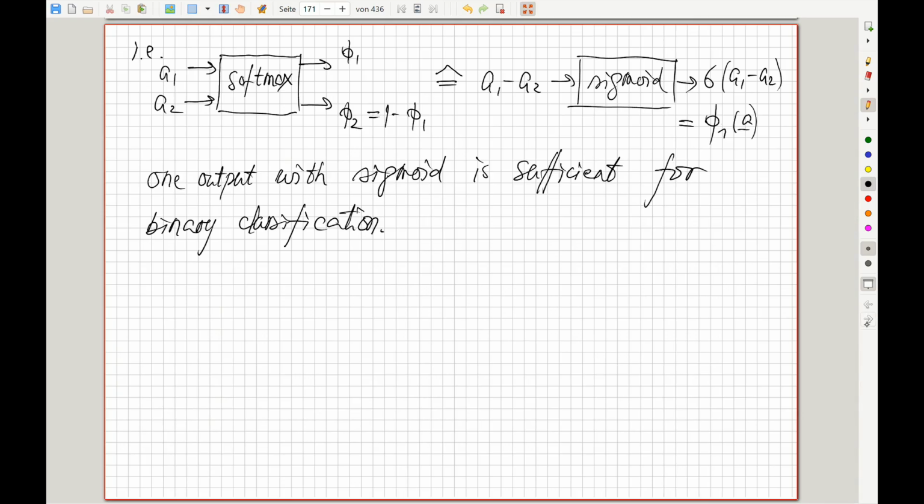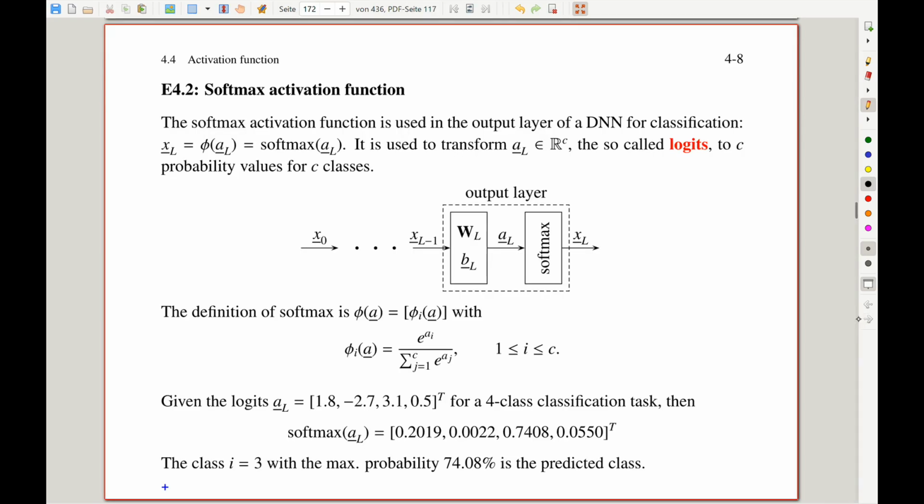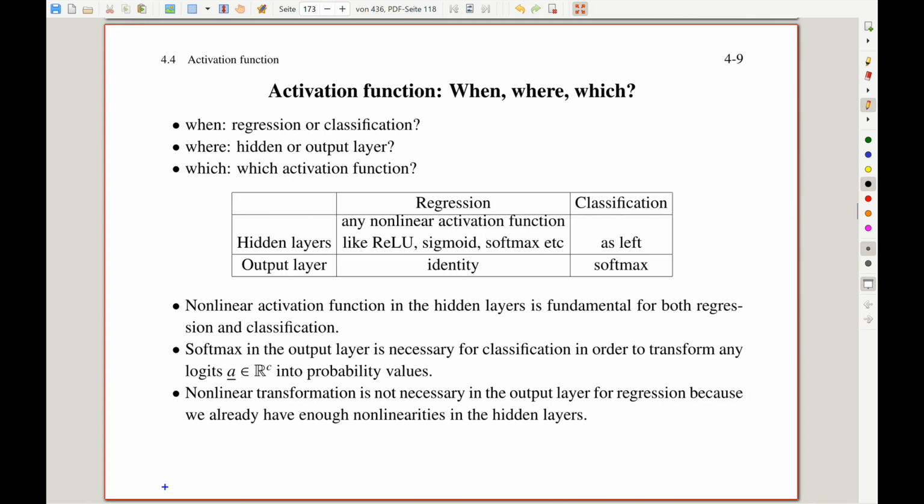At the end of the section, I summarize all the results on the following slide, named activation function, when and where to use which activation function. When refers to the application, regression problem or classification, regression in this column, classification in this column. Where means in which layer, and we distinguish between hidden layers and the final output layer.